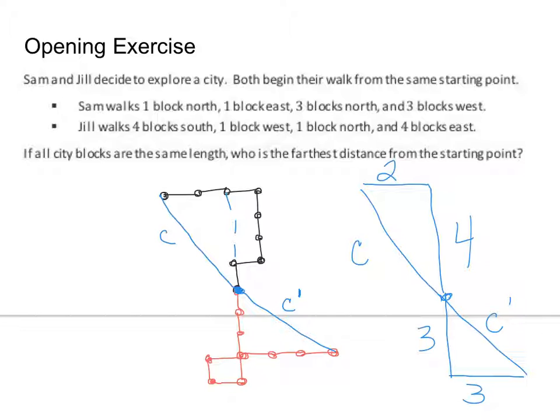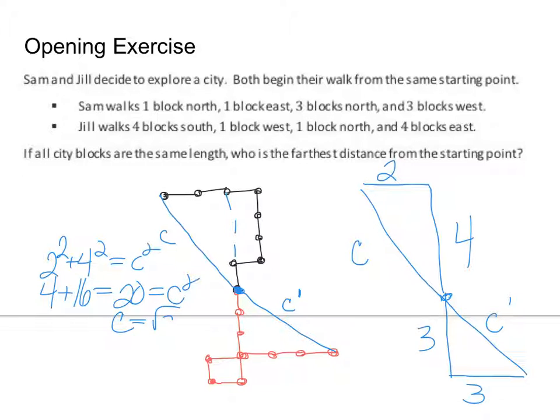So let's figure out what our diagonals are. First, we're going to talk about Sam. So we have 2 squared plus 4 squared equals C squared. 4 plus 16 equals 20. Square root of both sides, C equals the square root of 20.